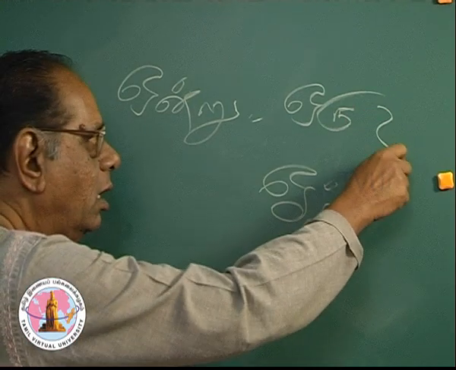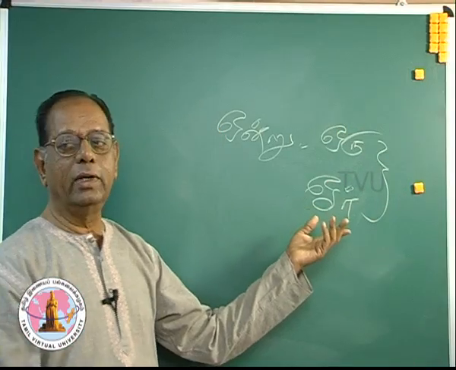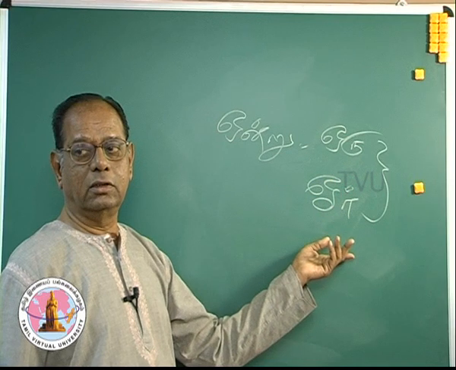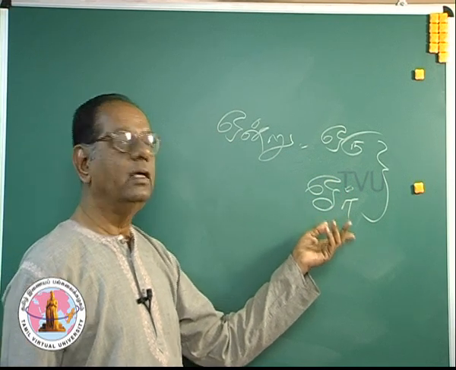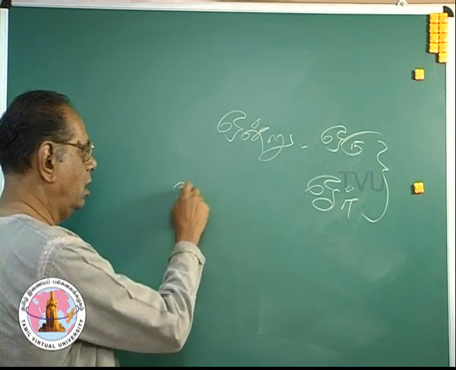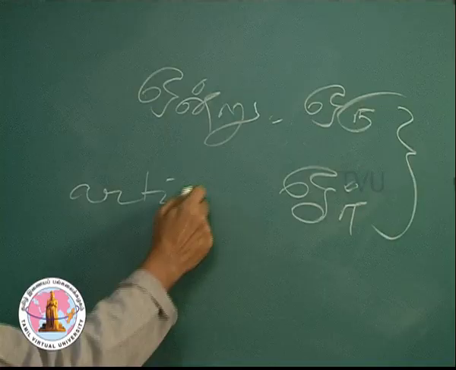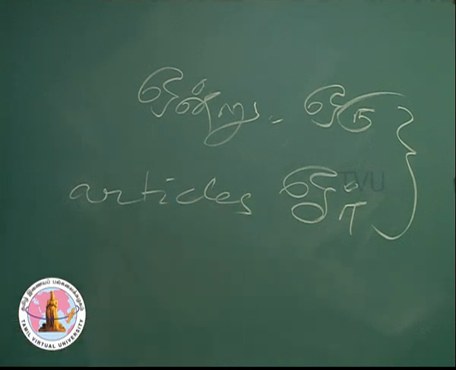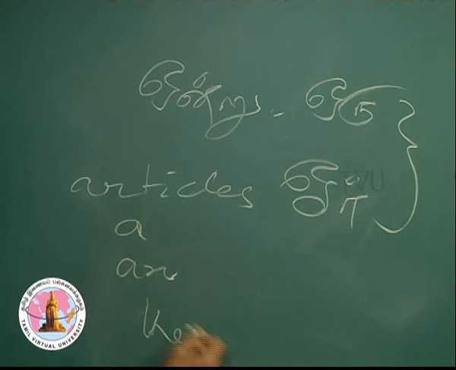Now, where do we get these two words to qualify any noun? In English, you have articles: a, an, and the.